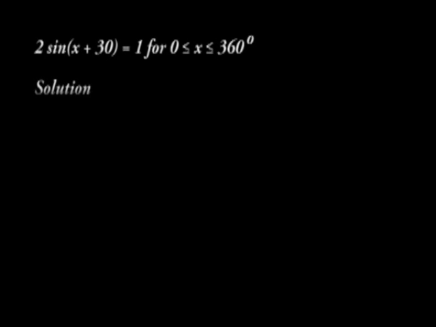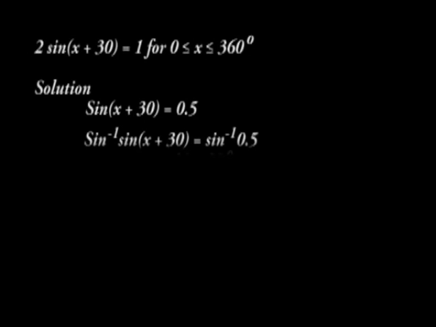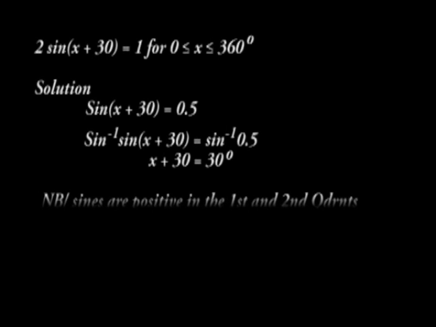In our solution, sine of x plus 30 degrees is equal to 0.5. We find the angle represented by 0.5 and we find that x plus 30 is equal to 30 degrees. We know that sines are positive in the first and second quadrants.